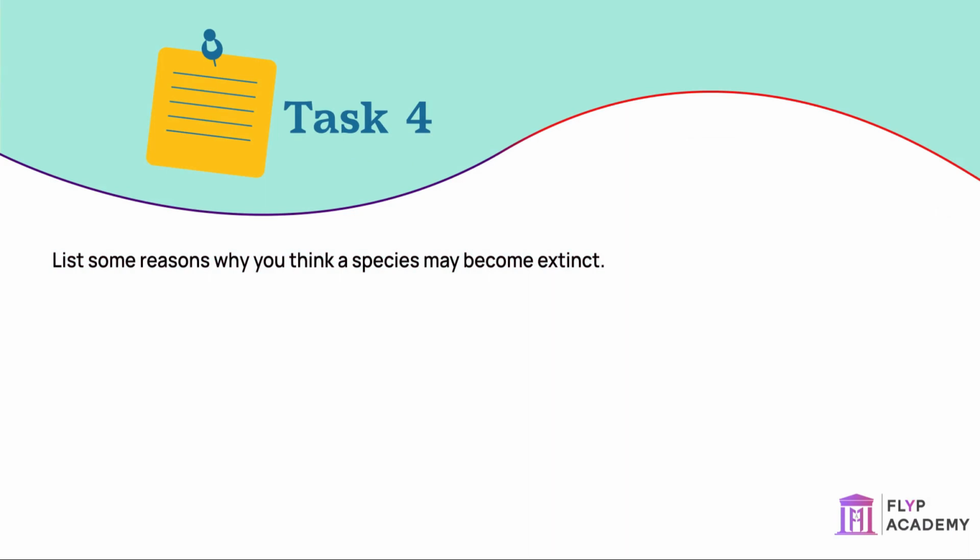Species may become extinct due to physical and biological factors. Physical factors include natural disasters such as earthquakes and volcanoes, as well as asteroid collisions and changes in temperature. Biological factors include competition from other species, diseases and predators, and loss of habitat.